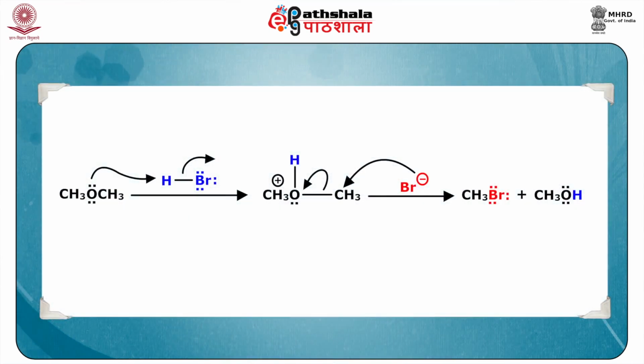So, you can see here the first step in either pathway will be the protonation of the ether, and this protonated oxygen will also have a greater minus I effect from the adjoining carbon, thereby making them electron deficient, where now if the Br minus attacks and simultaneously the CH3OH is leaving, it will be going via the SN2 mechanism, and this will be there when you have less sterically hindered ethers.